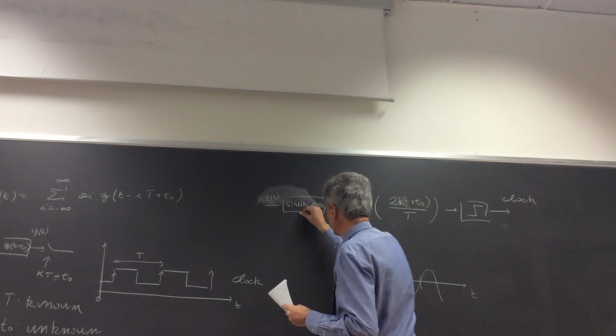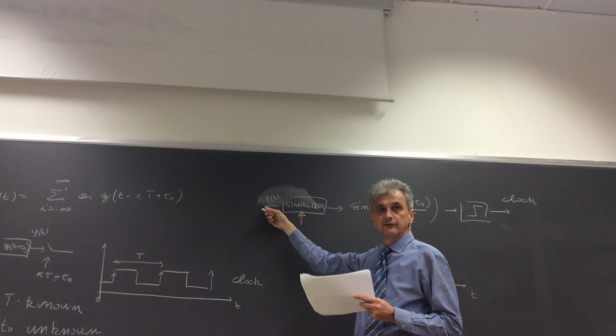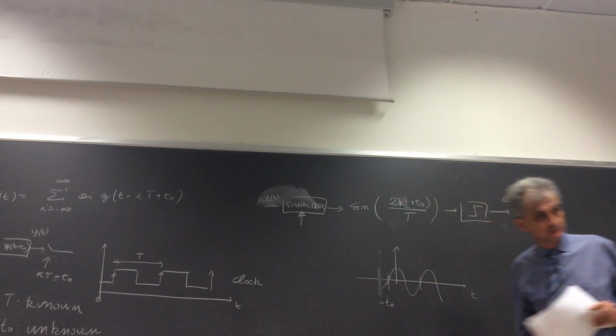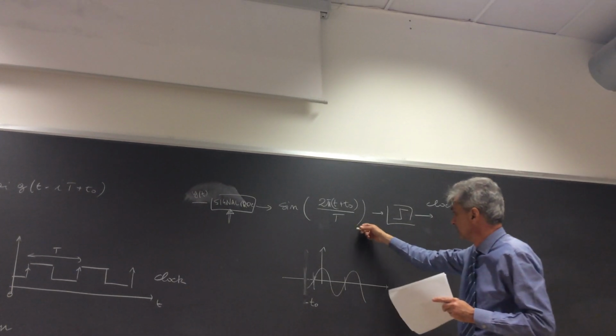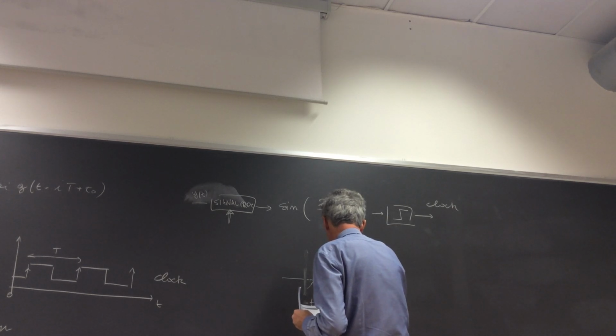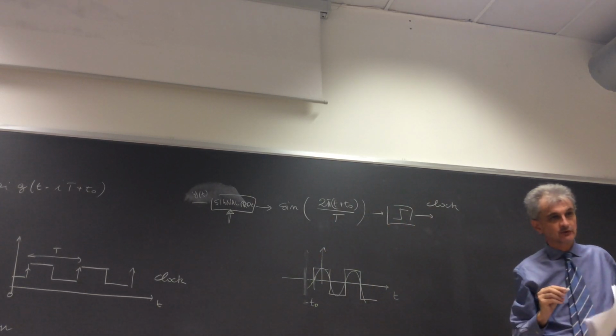What should we put here to get from y of t this result? This is the objective. Having this, we pass it through the rectifier and we get our clock. Okay?